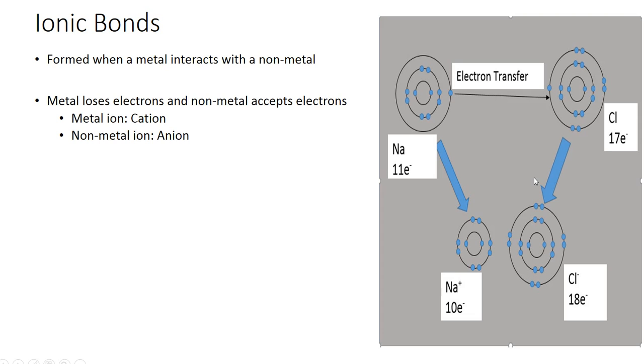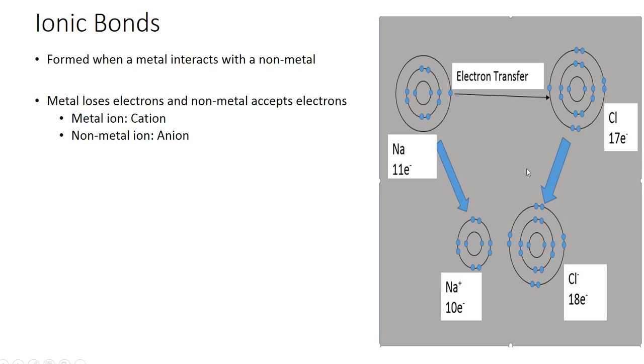So this is an example of what happens. Let us say we have this sodium atom or element. It has 11 electrons, 1, 2, 3, 4, 5, 6, 7, 8, 9, 10, 11. So it has 11 electrons, and this is chlorine.